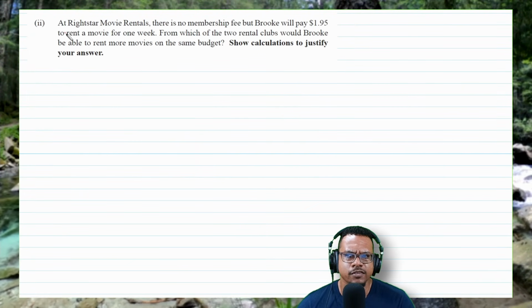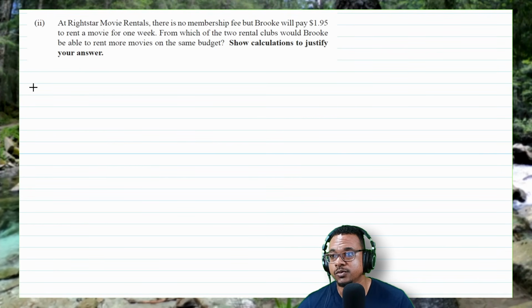Part 2 of this question is saying that at another movie rental place, we have no membership fee, but you're paying $1.95 per movie to rent for the week. They want to know at which of the 2 rental clubs Brooke would be able to rent more movies on the same budget of $700.